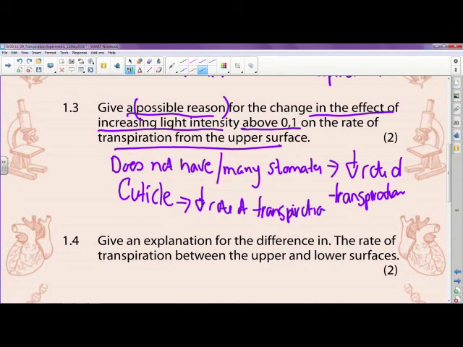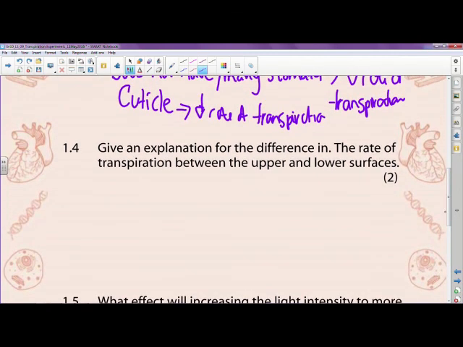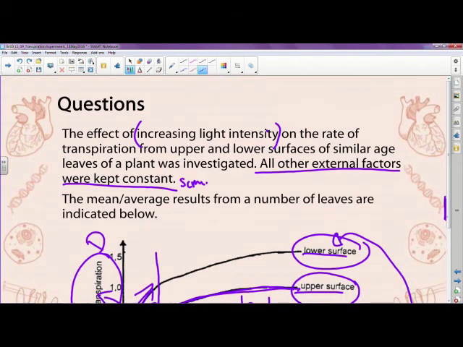So leading from question number 3 to question number 4, have a look here. I think we've almost answered it. Give an explanation for the difference in the rate of transpiration between the upper and the lower surfaces. Now, there's a few things that you could have come up with here. Let's go back here. What did we notice?